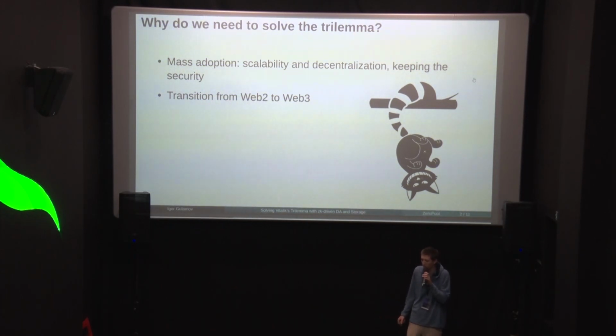But if Vitalik's trilemma is solved, then it's possible not only to provide infrastructure for these solutions, but it's possible to make Web3 Instagram or Web3 Facebook or Web3 YouTube, and also solve the issue of transaction scalability to support not only finance transactions but all decentralized computations we need.